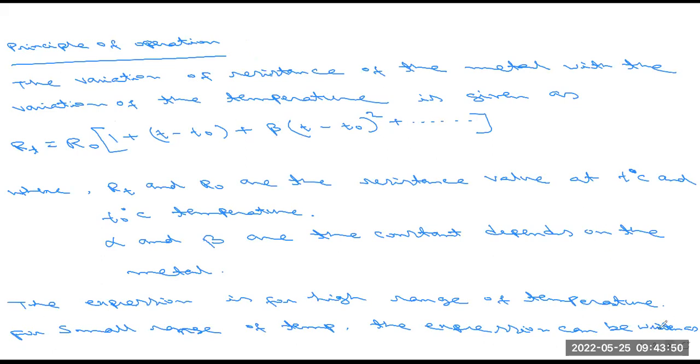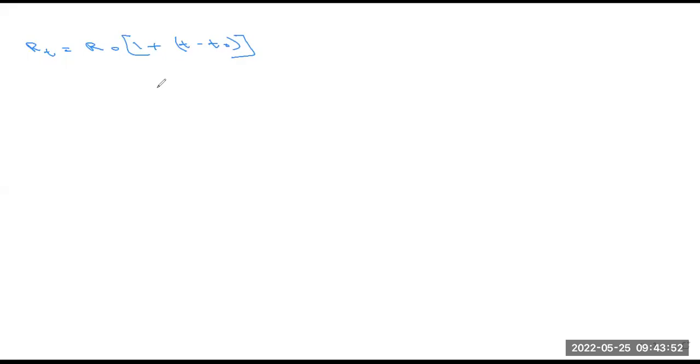Okay. So I'm drawing a diagram to give you an idea. Basically, it is for the resistance changes, and another one is the temperature scale.